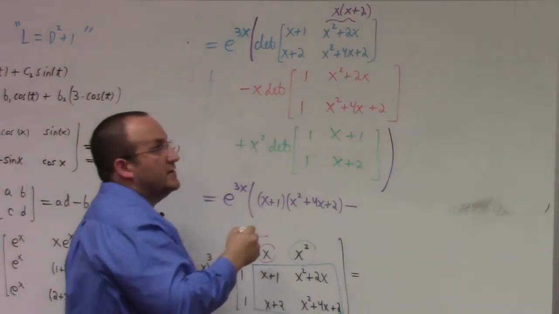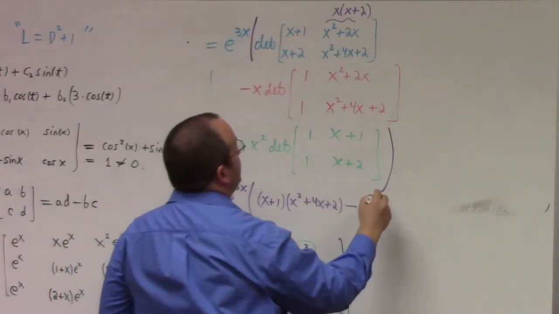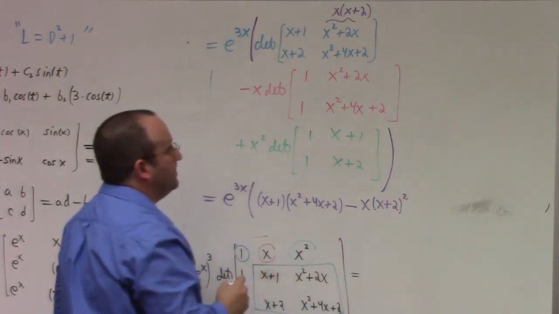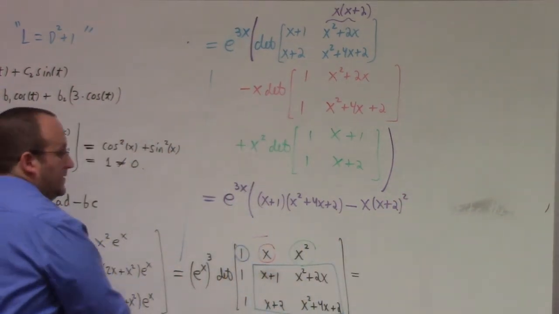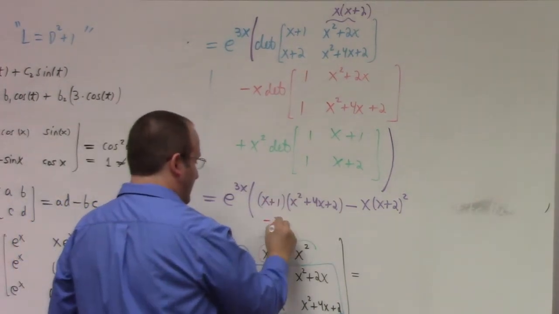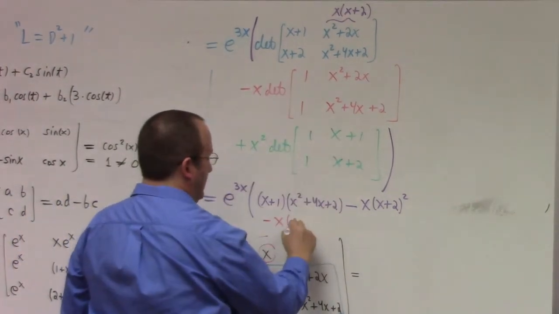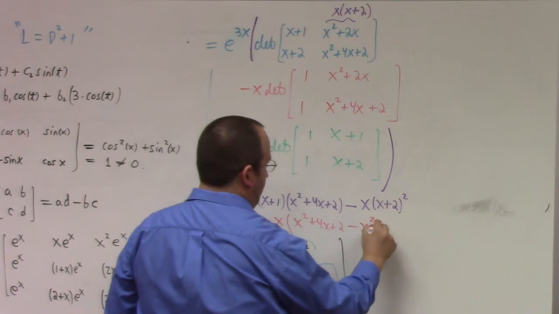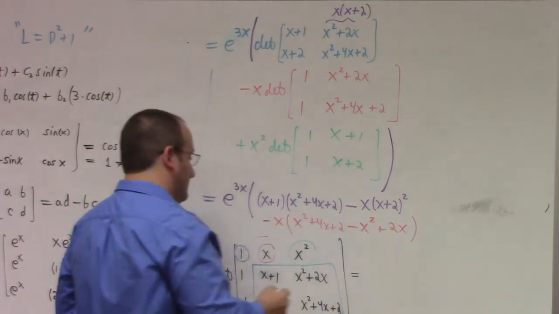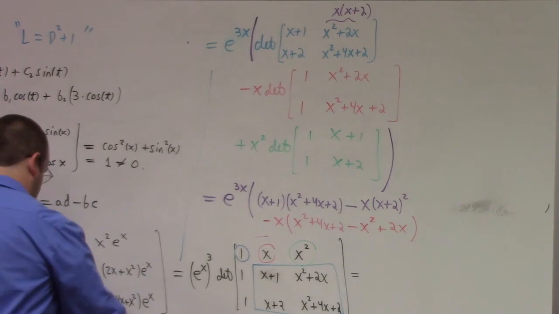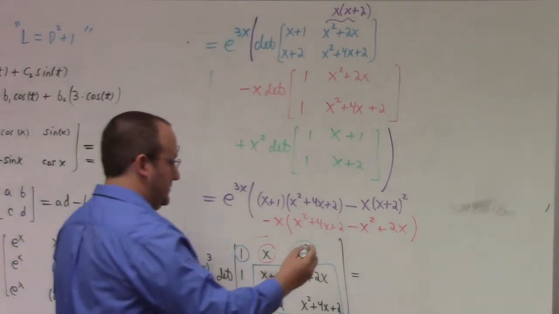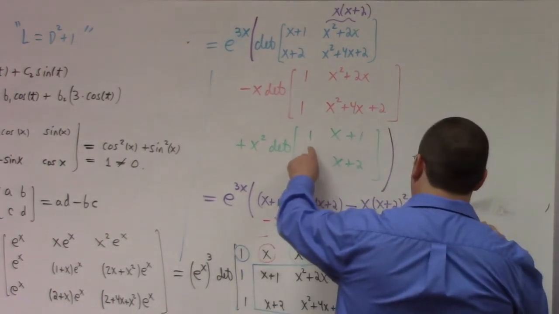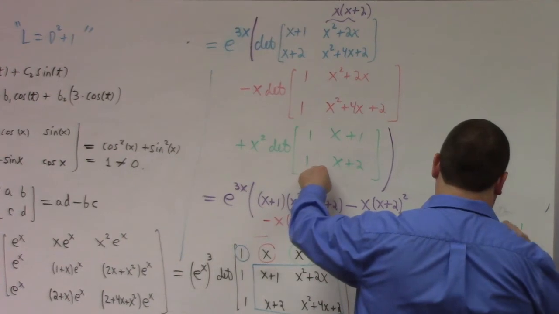So when I multiply these two, I really have minus x times x plus 2 squared, right? And then minus x times this stuff, which is x squared plus 4x plus 2 minus x squared plus 2x. And then, last but not least, plus x squared, and that's x plus 2 minus x plus 1, parentheses are our friends.